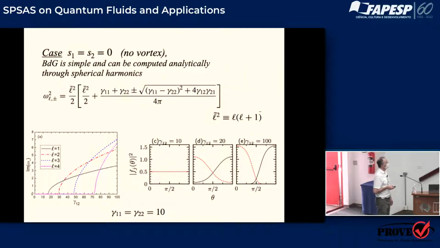And here in figure C, we show gamma 1,2 equal 10 is stable. If you increase gamma 1,2 to 20 and you start up, they will find the ground state. If you calculate the ground state, it will be lower. It will not be stable in this region.